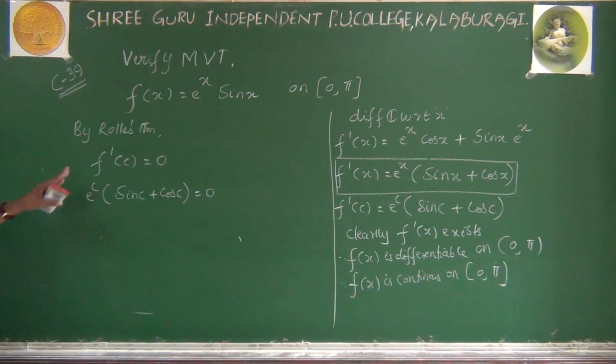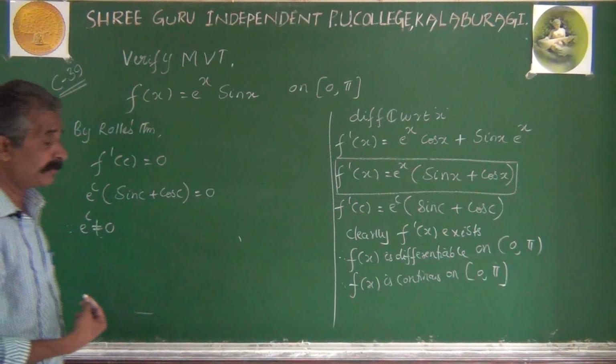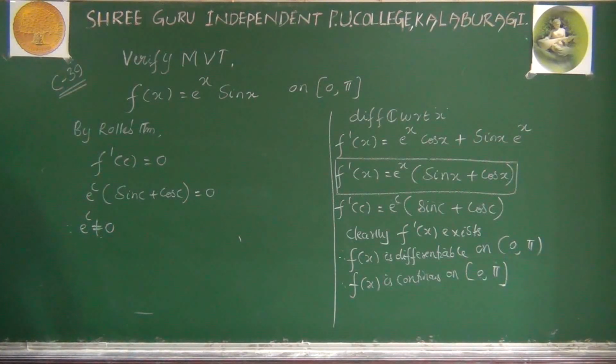But e power any real number is never equal to 0, since e power c is never 0 for any real value of c. Even if I take in particular e power 0, what is e power 0? 1. That's why e power any real number is never equal to 0.